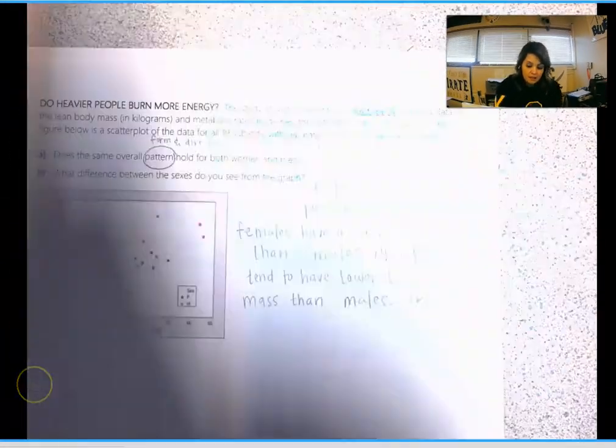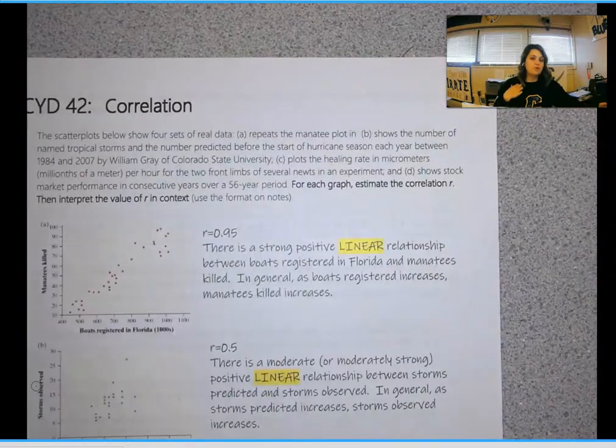And as we go through these Can You Do's, just know that if you're getting something different than me and you are pretty sure you're right, most likely you are and I made a mistake. So maybe just check in with me. Usually it doesn't take me 3 times to realize, usually I realize right when you tell me, but that one test question had me pretty good there for a minute. So, okay, that being said, let's get going on our Can You Do 42.